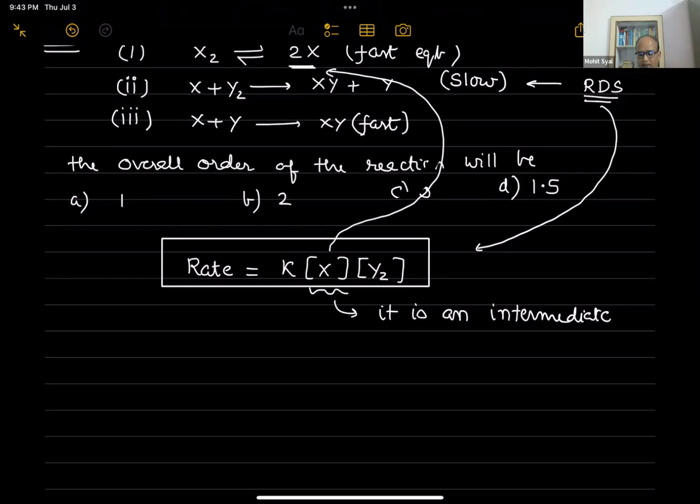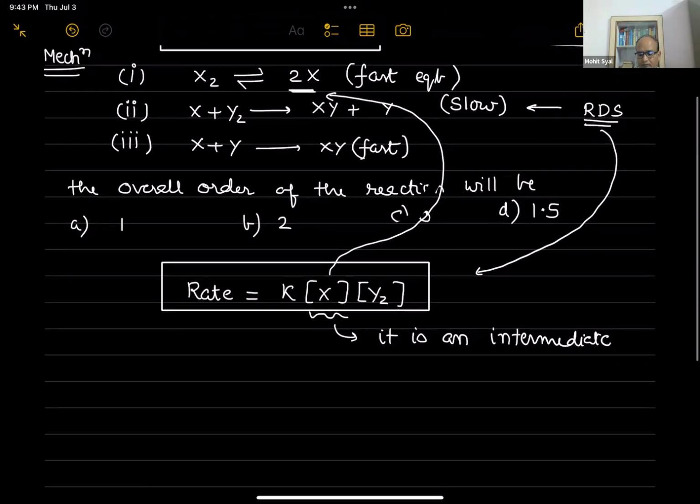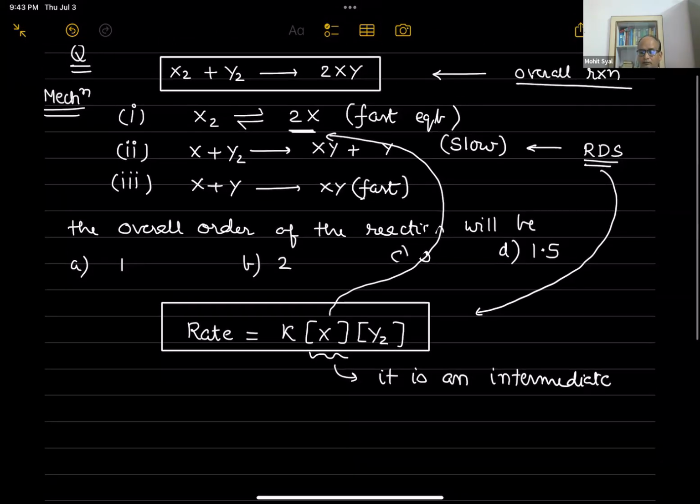So for the first equation, let's say this is K1 and K2, or this is the equilibrium. Let it assume to be like this, K dash, the equilibrium constant.